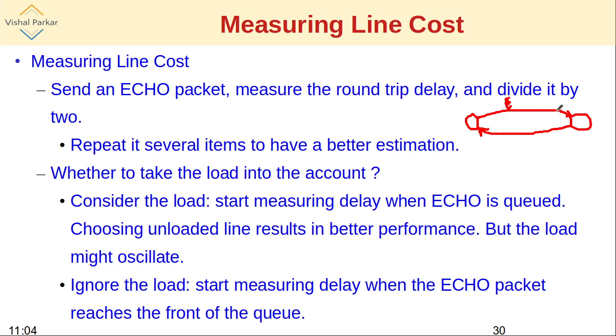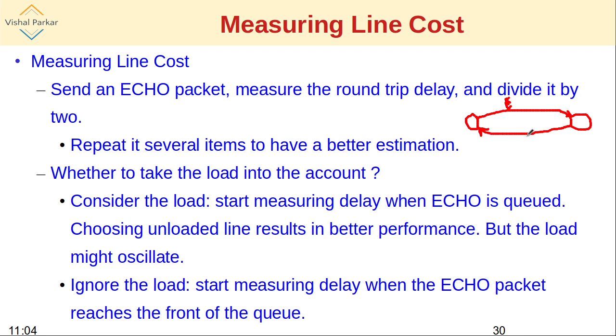So that will ideally be double the propagation delay for the initial journey of the echo packet from this source to this destination, ignoring maybe some calamities in the reverse path, or maybe in the sending line as well. So the round trip delay will be divided by two, and that process will be repeated to have a better estimation of the average propagation delay from the source router to the destination router.